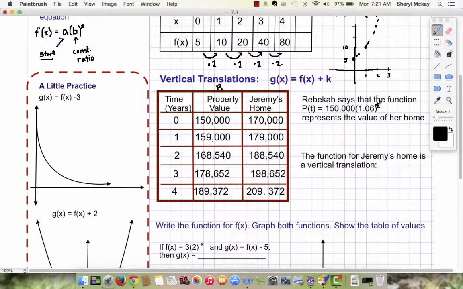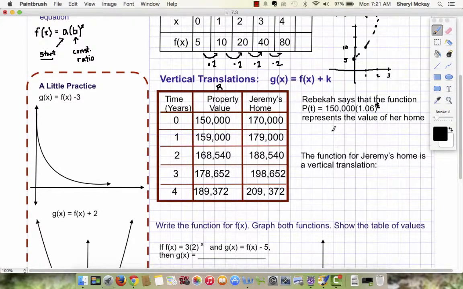So every single time we multiply her amount by 1.06, and it's to the power of whatever t is, the time. Okay, so that represents the value of her home.